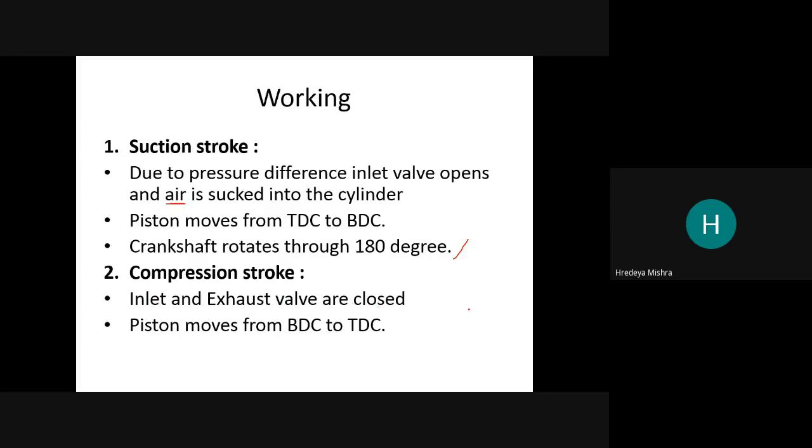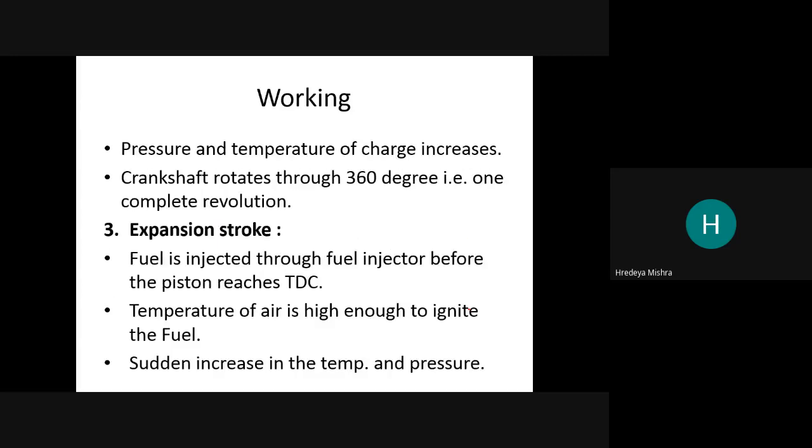valve closed, piston moves from bottom dead center to top dead center. Pressure and temperature are increased now. Crank rotates through 360 degrees, one complete revolution. See, the working is totally the same, but in the expansion or power stroke, now fuel is injected, and in the petrol engine what happened?